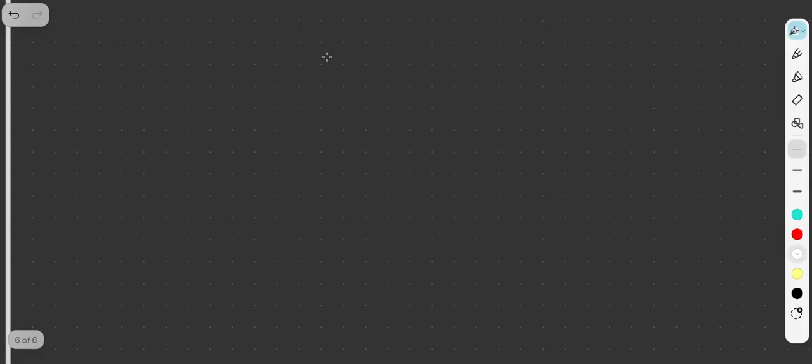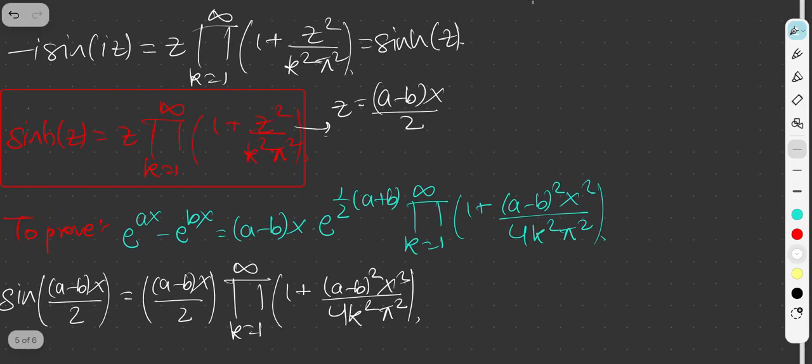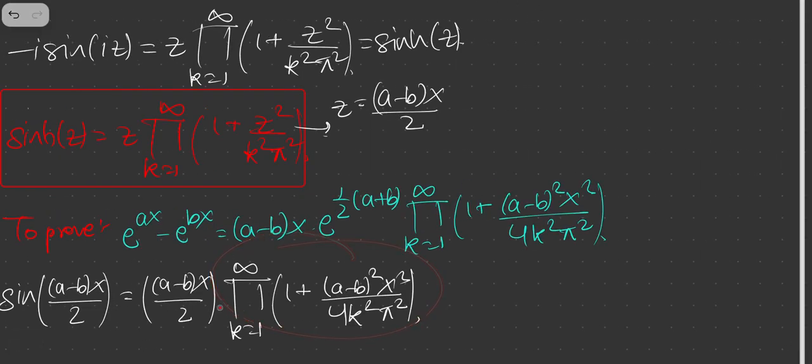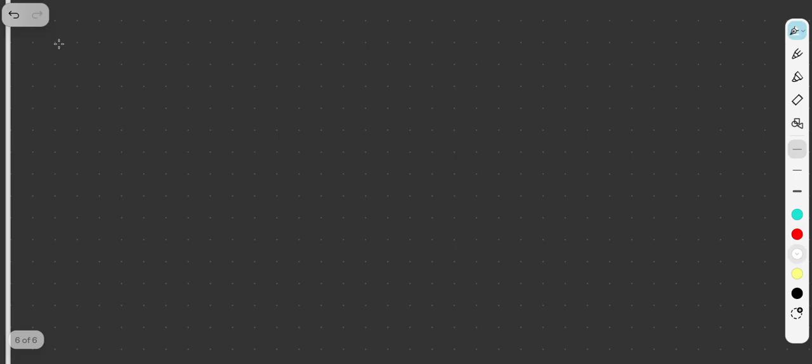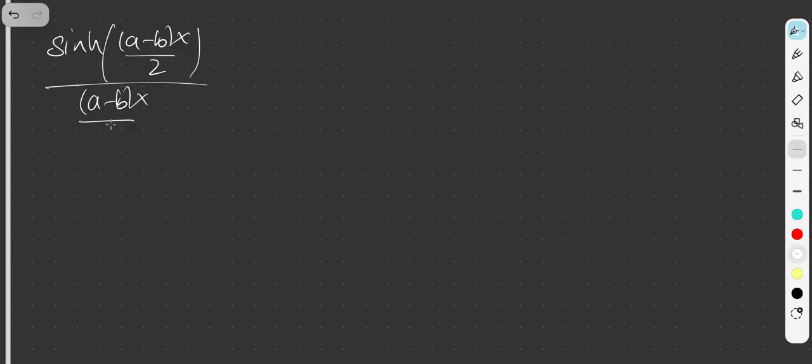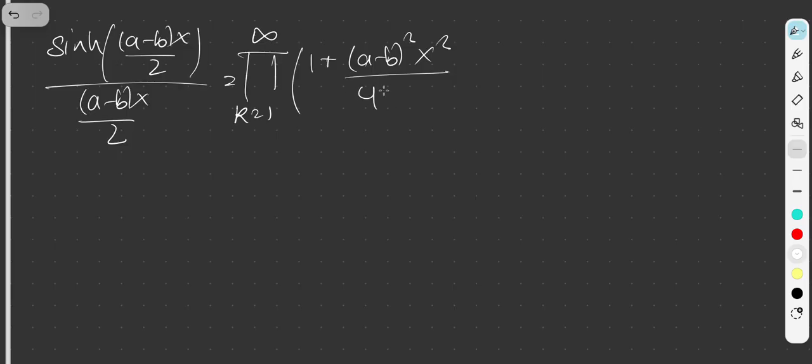Basically, if we isolate this infinite product from this very equation, we're going to get sinh of (a minus b)x over 2, over (a minus b)x over 2, equals the product as k goes from 1 to infinity of 1 plus (a minus b) whole squared x squared over 4 k squared pi squared, right?